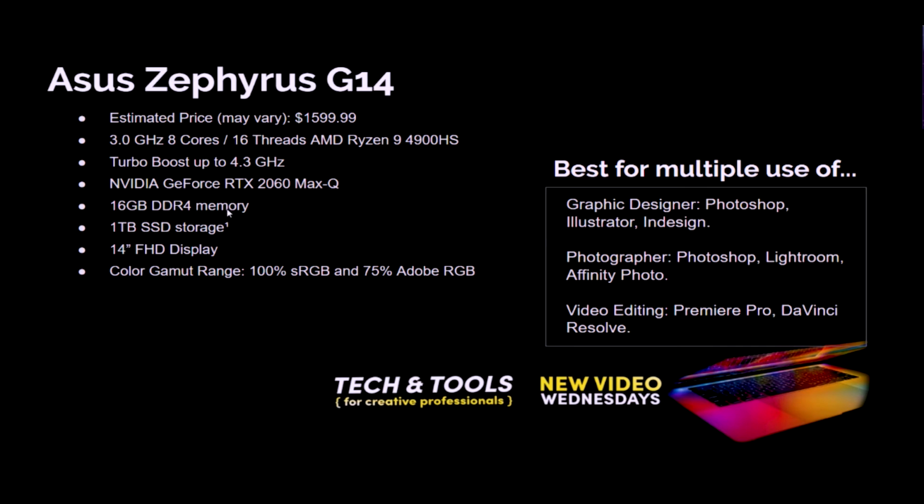You get the RTX 2060 Max-Q with a base clock of 3.0 gigahertz and 4.3 turbo clock, 16 gigs of RAM, 1 terabyte of solid state storage, and a 14-inch Full HD display at 100% sRGB and 75% Adobe RGB. It's the best color accuracy we've seen so far, and at a decent price point as far as more high-end premium laptops are concerned.